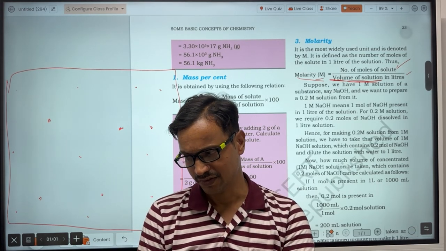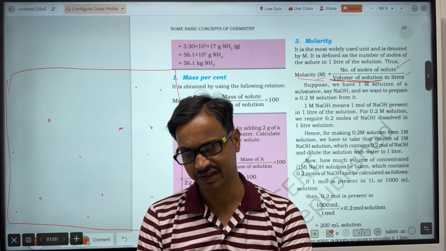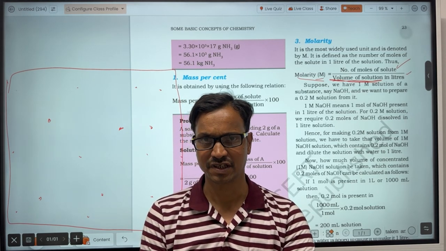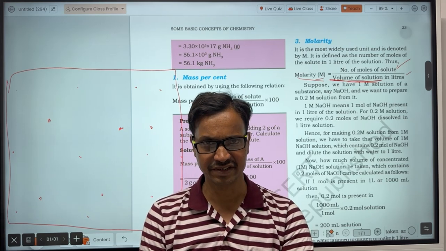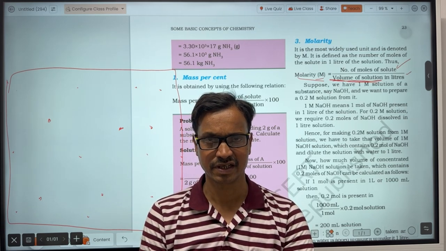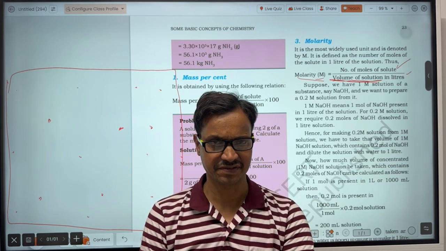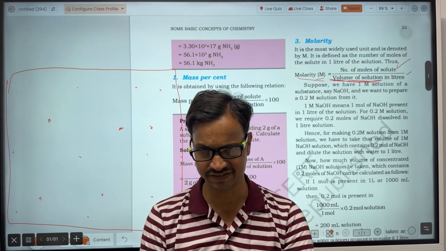In other words, when a solid dissolves in a liquid, the volume of the resulting solution doesn't change because the solid solute particles enter inside the intermolecular spaces of the solvent.